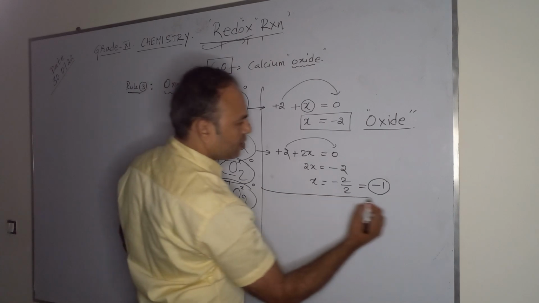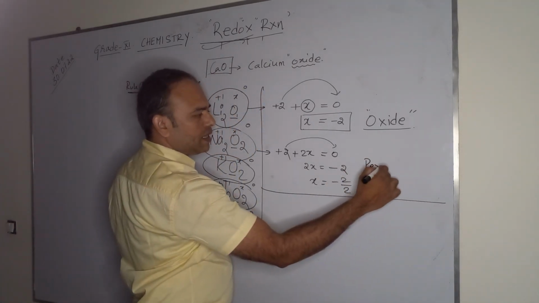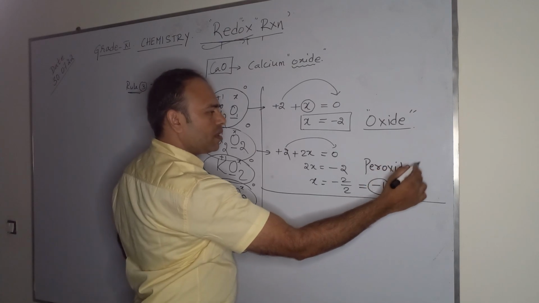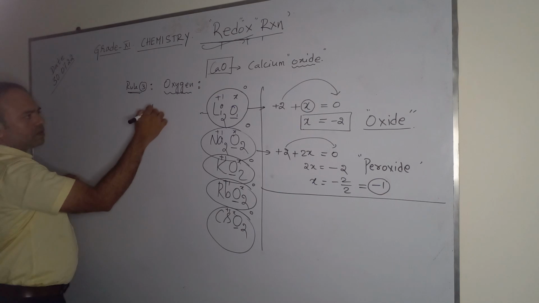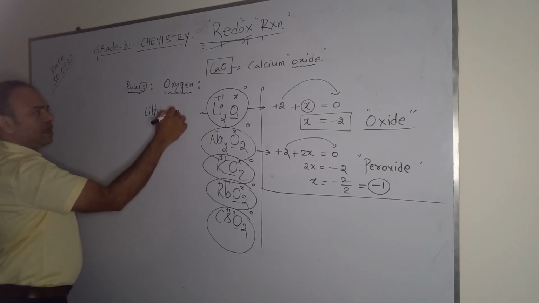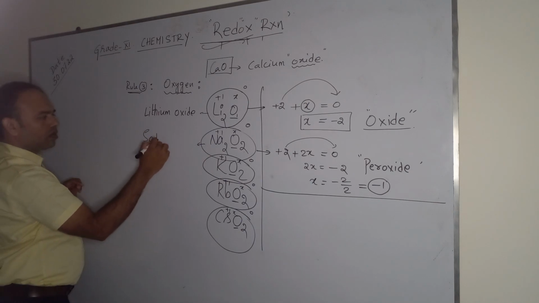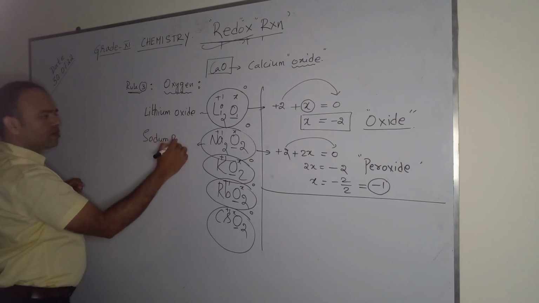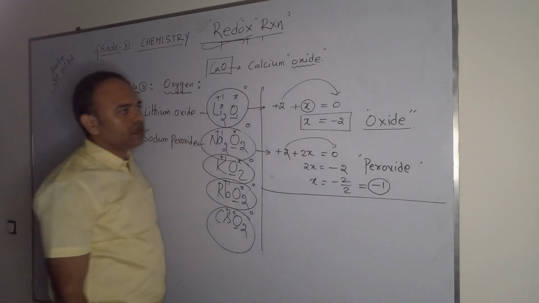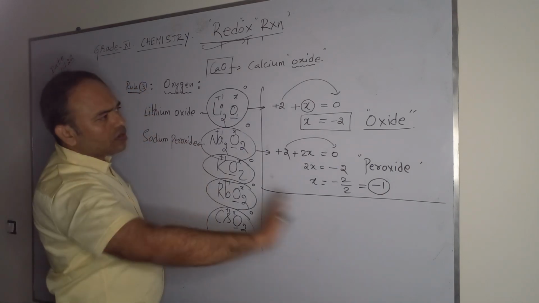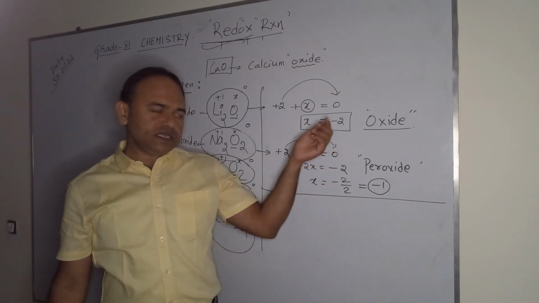Whenever oxygen has the oxidation state of -1, you call it peroxide. Therefore, I'll write the names here. This is called lithium oxide. This one is called sodium peroxide. Hope you are able to understand the difference here. Always O is not called oxide. O is called oxide only when you have the -2 oxidation state.